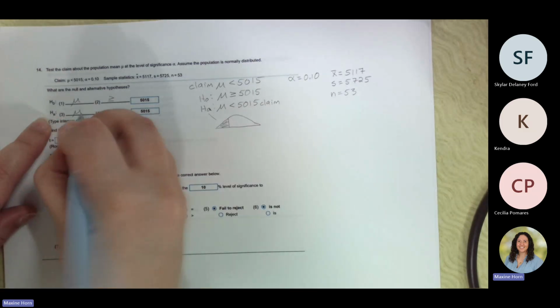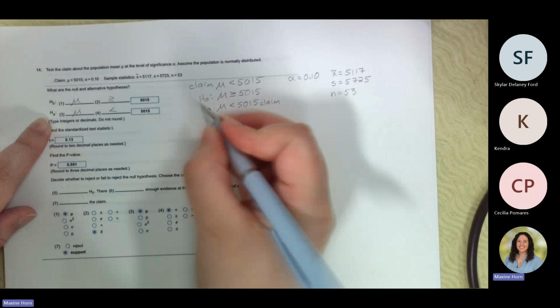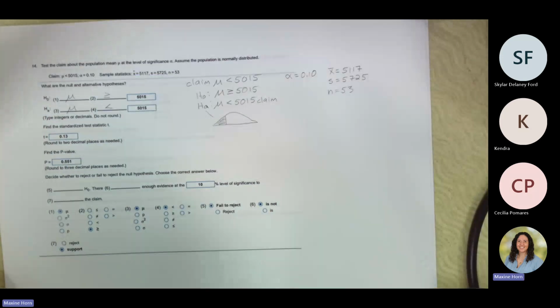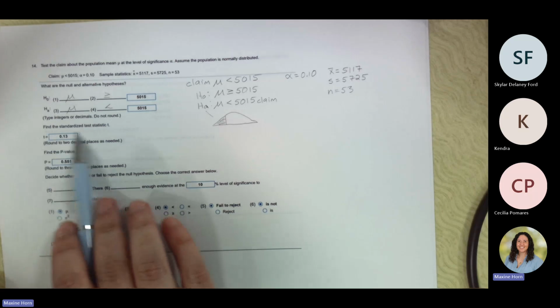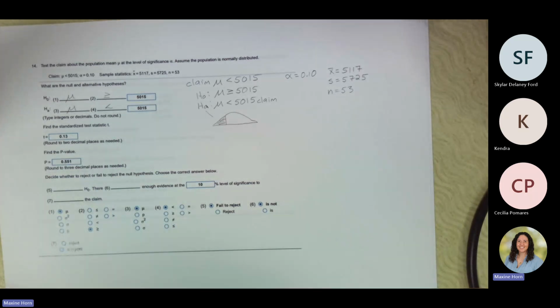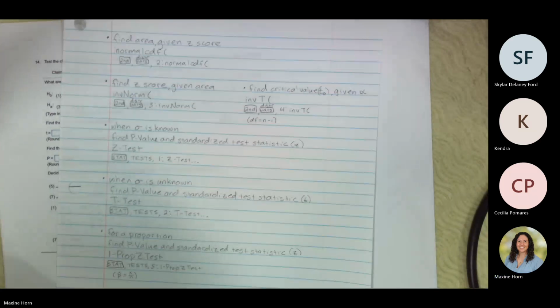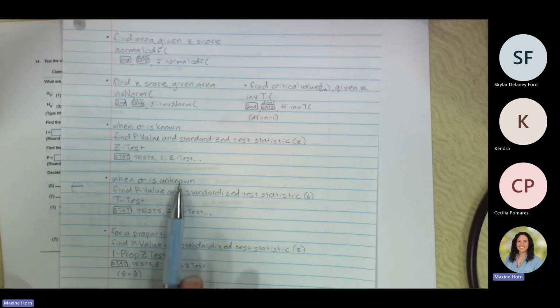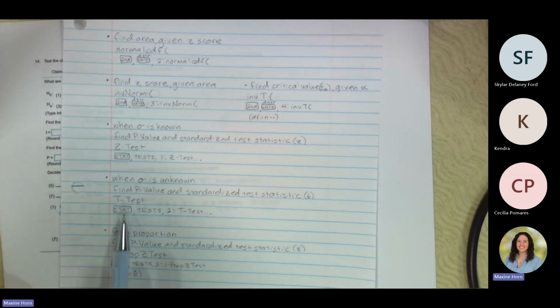And our alternative hypothesis is that the mean is less than 5115. Okay, so now they want us to find the standardized test statistic and find the p-value. So again, how to do that? When our population standard deviation is unknown, we use the t-test, stat test number 2, t-test. Okay.